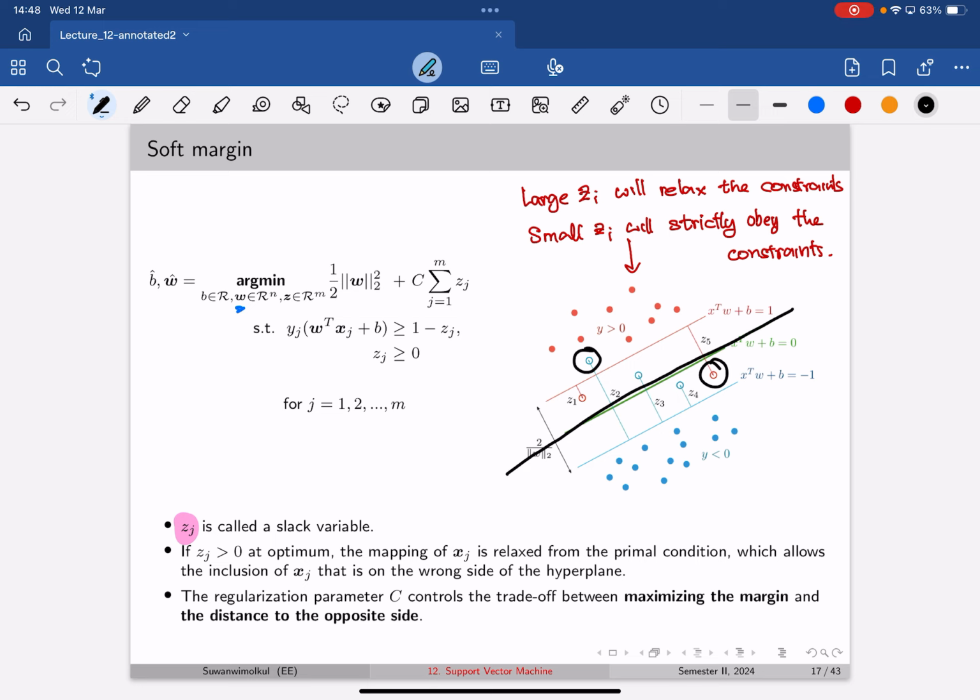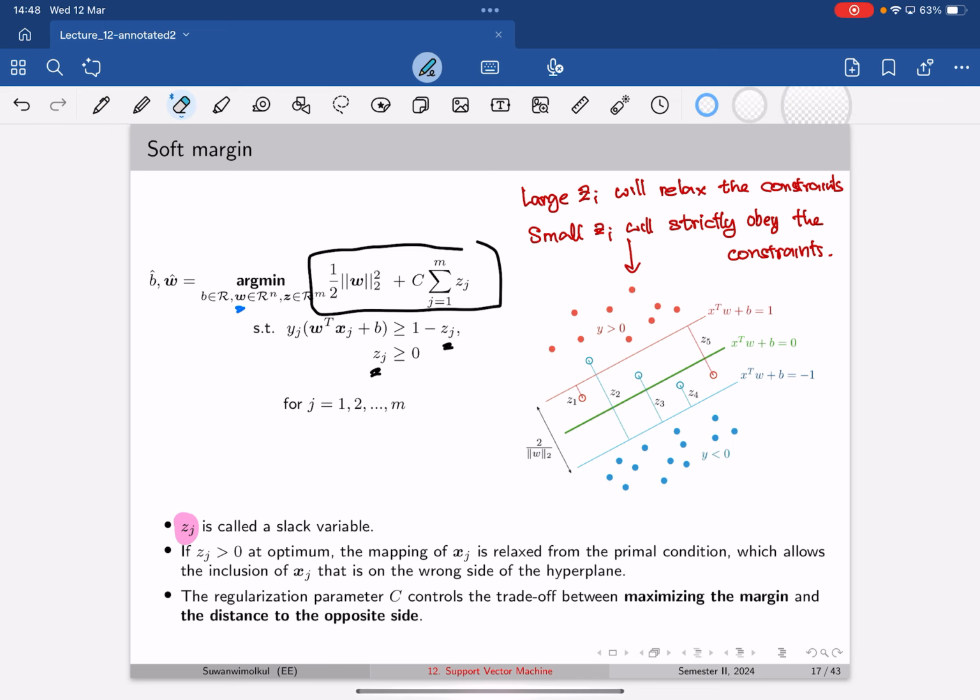So that is the additional feature that people sometimes use in order to allow SVM to be used with data that are non-linearly separable. So the slack variable is one of the tricks. But what you should also observe is that as we add the slack variable, it is also included in our main cost function here.